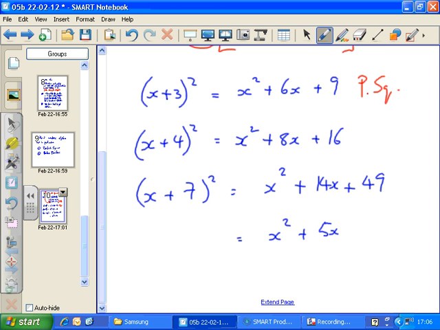How would I get that to be a perfect square? What goes here and what goes there? That'd be 2.5. 2.5 times 2.5 is 6.25, is it?